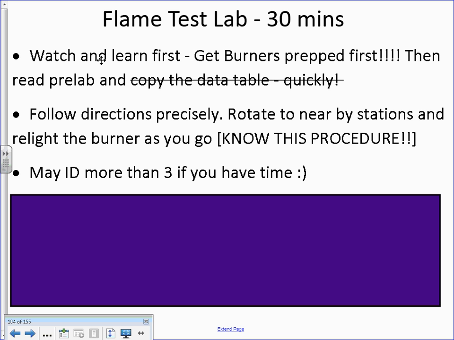Make sure she takes that little stick off.